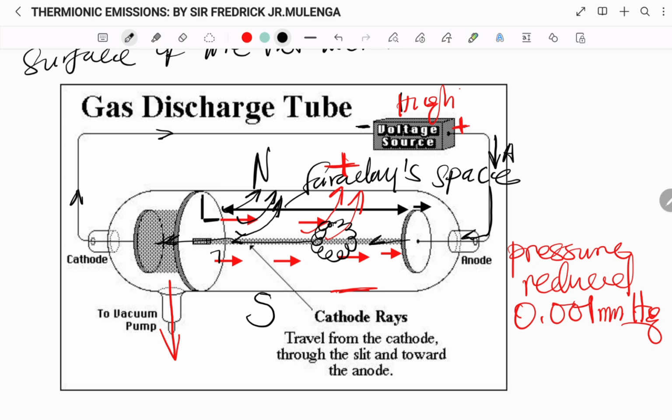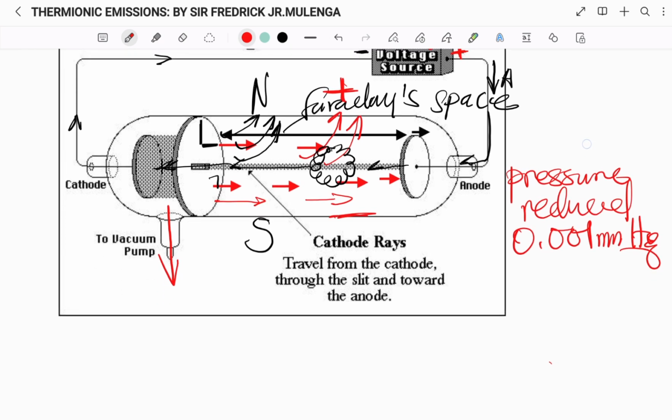Now, when these electrons, these cathode rays, are being produced, they are moving in the opposite direction to the current. What's the point? Another property of cathode rays is that they move in the opposite direction of the current.